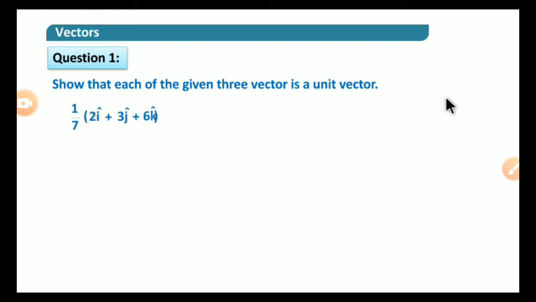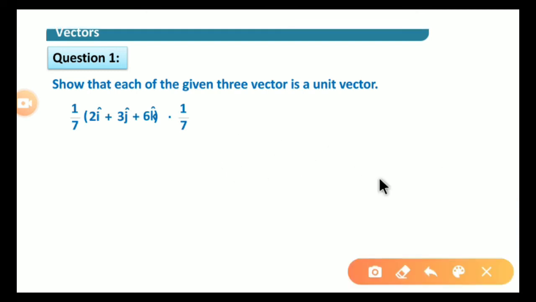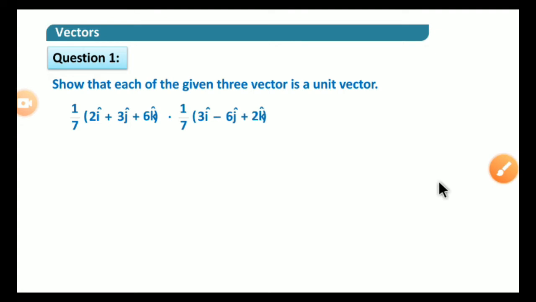The vectors are 1 by 7 into the bracket of 2i plus 3j plus 6k, another vector 1 by 7 into the bracket of 3i minus 6j plus 2k, and the third vector 1 by 7 into the bracket of 6i plus 2j minus 3k. Here we have to show that each of the given vectors is a unit vector.